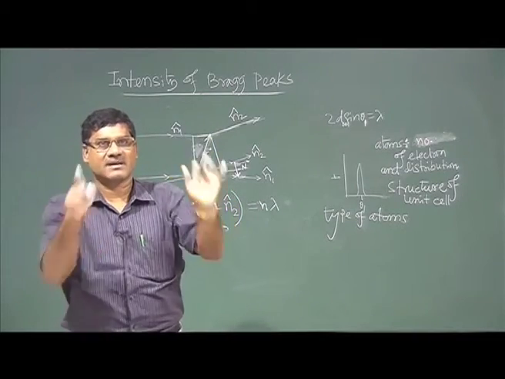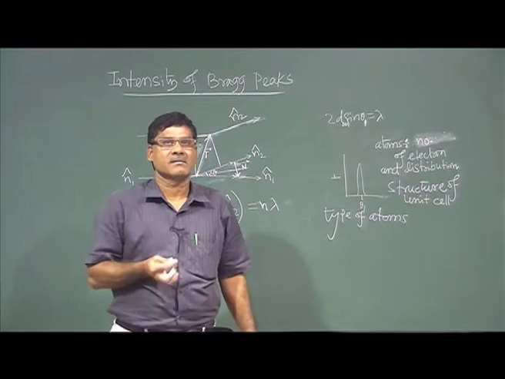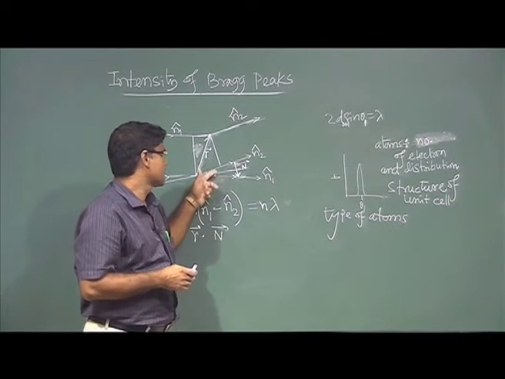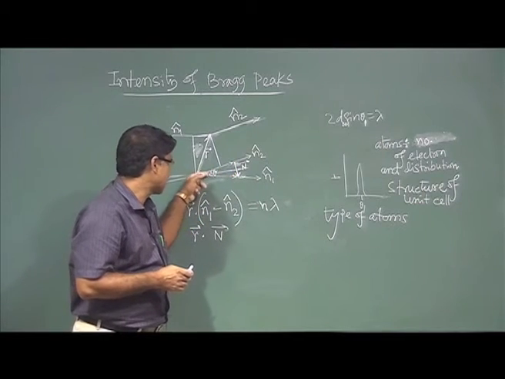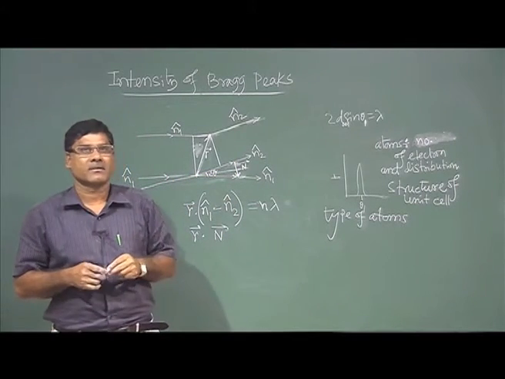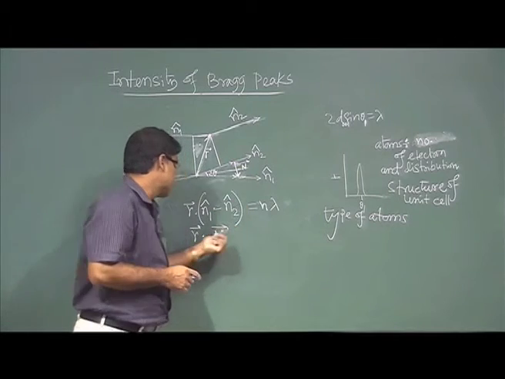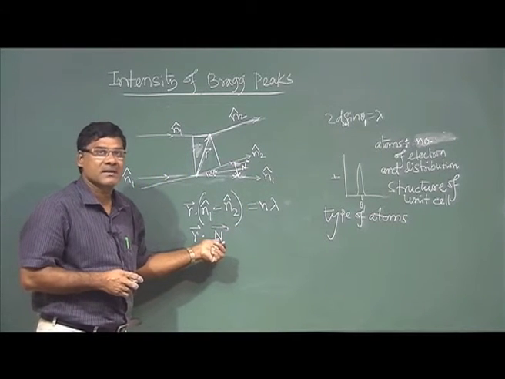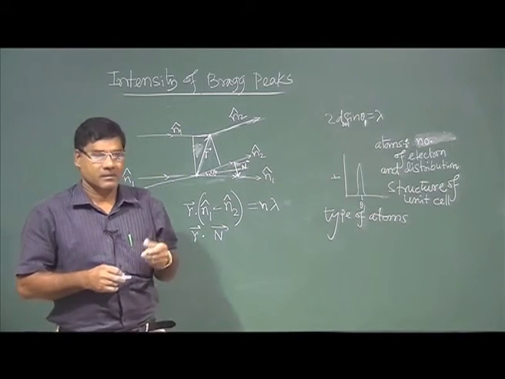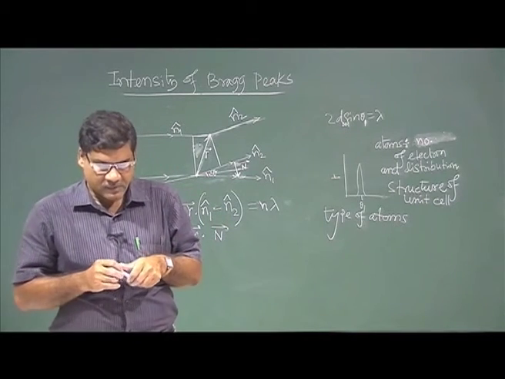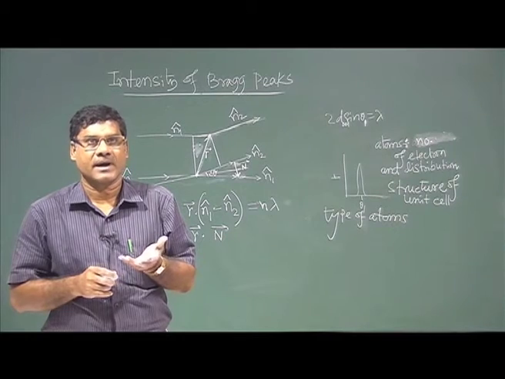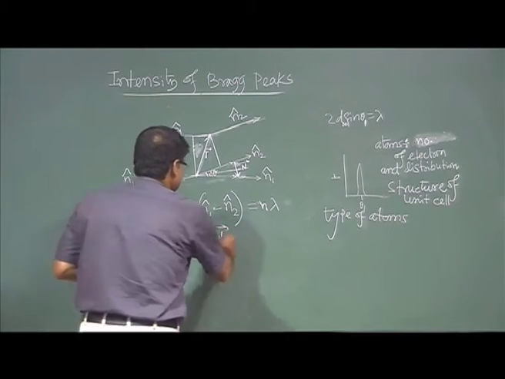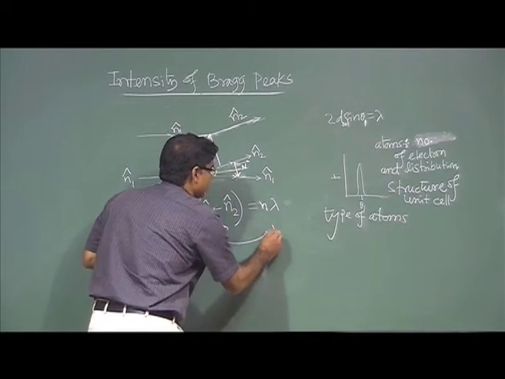So, we said that this is the normal, or perpendicular bisector, of this crystal plane. Okay. So, this N is nothing but the reciprocal vector, right, H. It's nothing but the reciprocal vector.